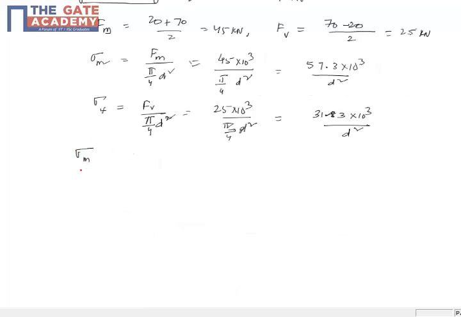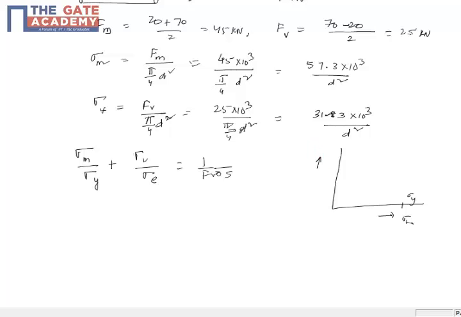Now what is asked is, as per Soderberg criteria you need to design. Soderberg criteria says that sigma mean by sigma yield plus sigma variable by sigma endurance is equal to the factor of safety. You plot mean stress on the x-axis, and the limit to that is sigma y as per Soderberg.